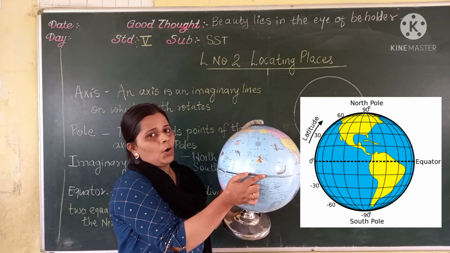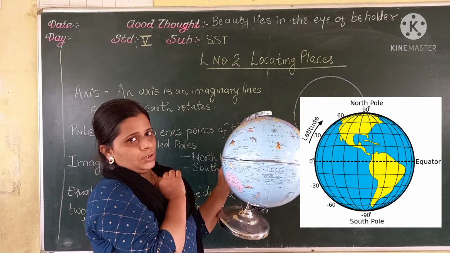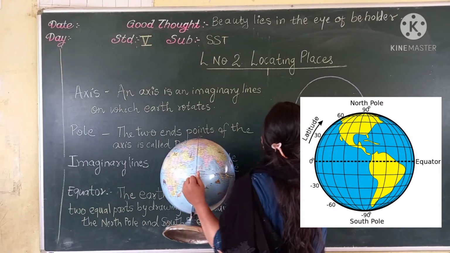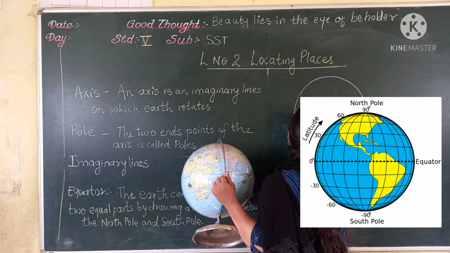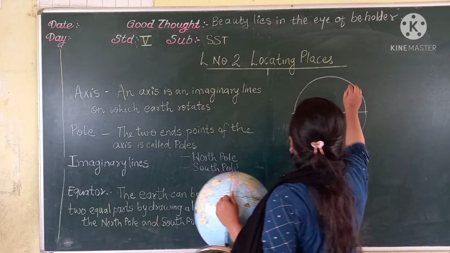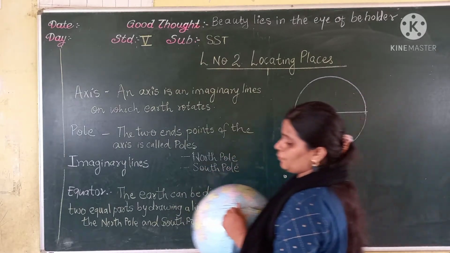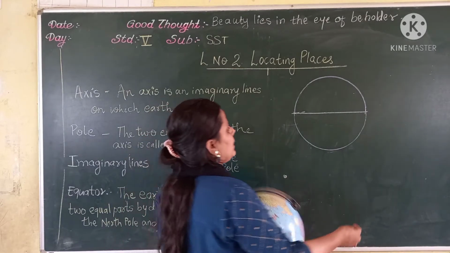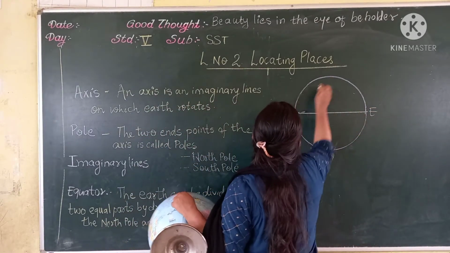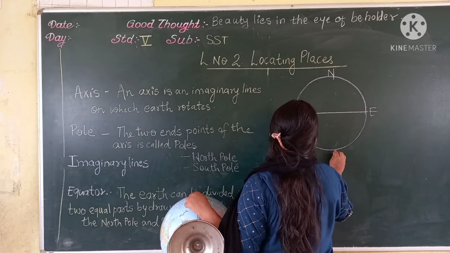This line is called the equator. Okay, now we will draw the middle line between the north pole and south pole. First, what are we going to do? We are going to put the 4 main directions, that is east, west, north and south.